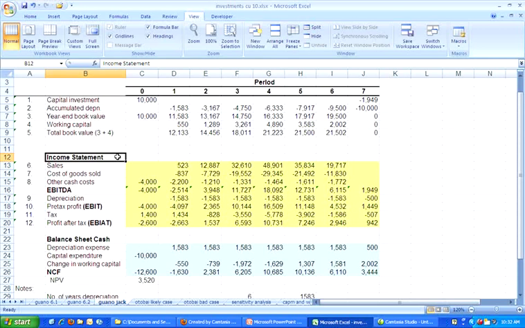Interest expense is a component of the overall cost of financing, and financing costs are reflected in the discount rate. So we never want to reflect interest expense in determining the net cash flow of the project.